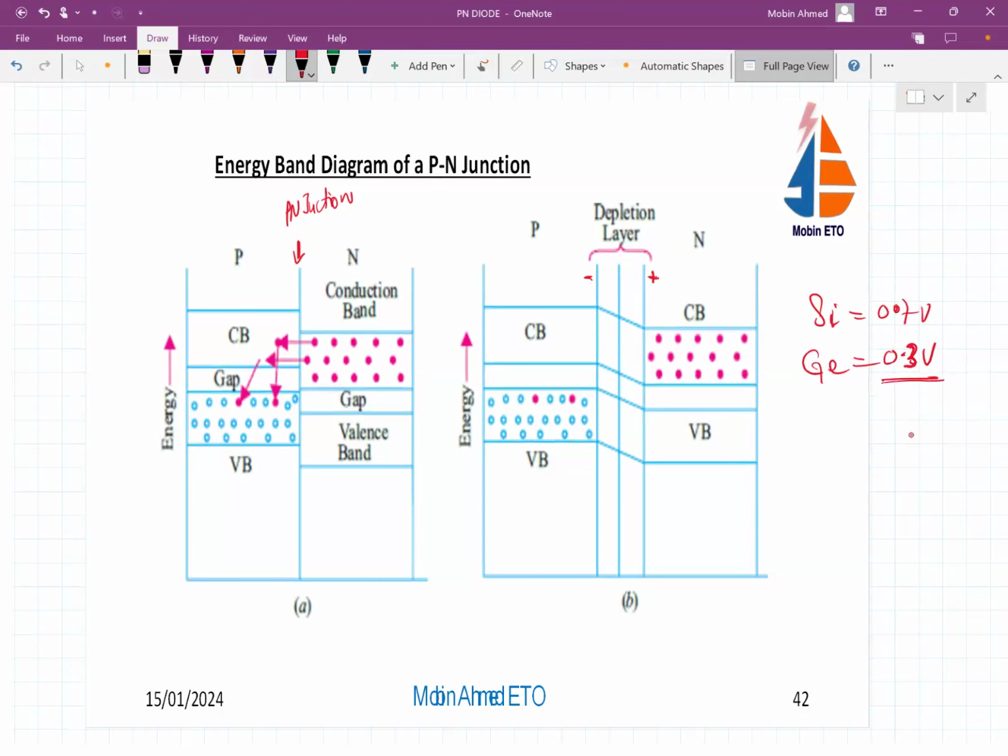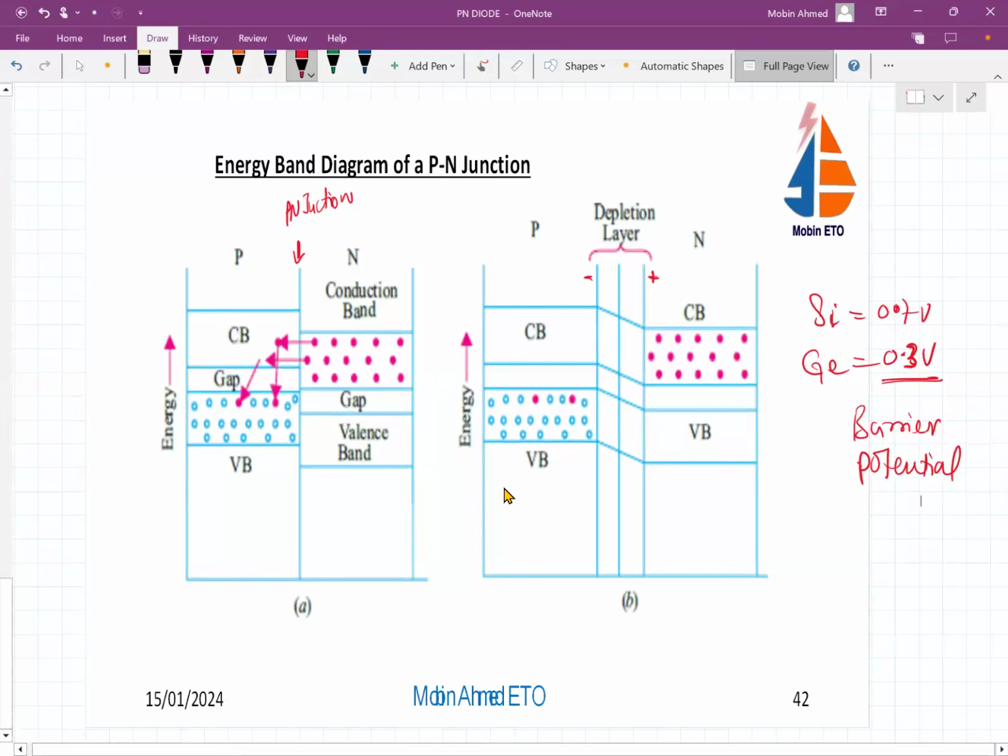So this voltage is known as a barrier potential. When the barrier potential is developed, further diffusion of the electrons to the hole stops.